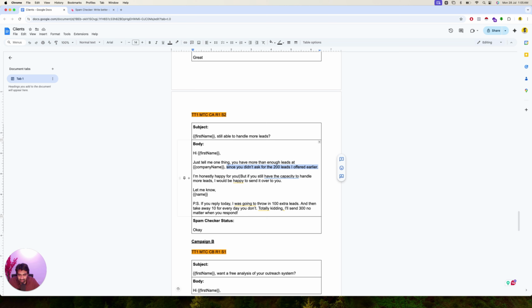Now I'm trying my luck again to push the button further, asking them, do you have the capacity to handle more leads? I'll be happy to send it over to you. Once they never reply to my initial email, I know that they are most likely not going to reply to us, but we are still trying our best to say that, okay, if you've got more capacity, I can send you extra.